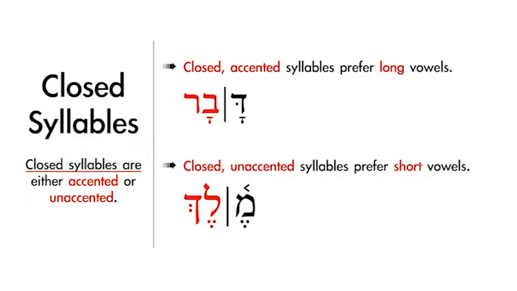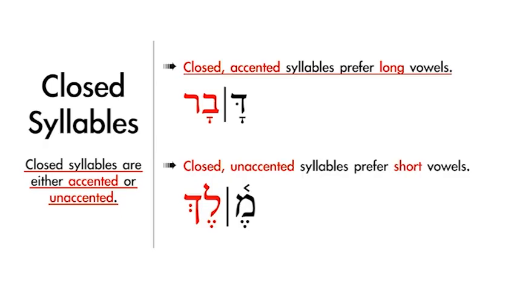So let's look at closed syllables. These are easy to deal with because closed syllables are either accented or unaccented. We don't have to worry about the tonic, pretonic, or propretonic labels when it comes to the closed syllables. There are only 2 types. Does the syllable have the accent mark or does it not? All right? So if the syllable is closed and accented, it's going to prefer a long vowel.